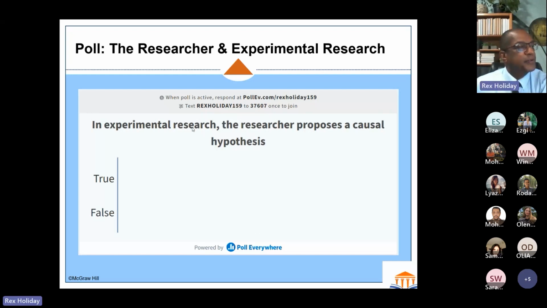In experimental research, the researcher proposes a causal hypothesis. Is that true or is that false? Okay, starting to get some responses on that one.